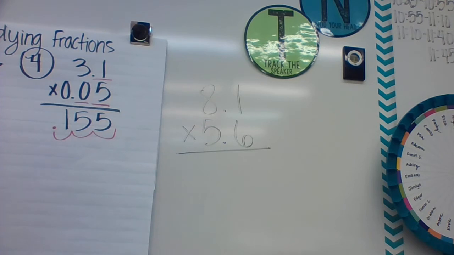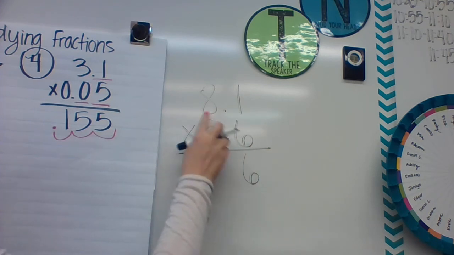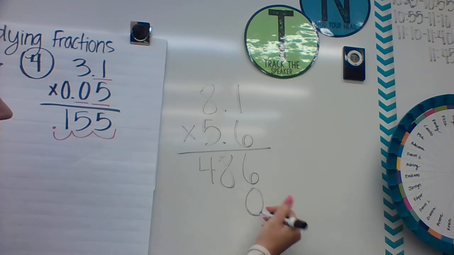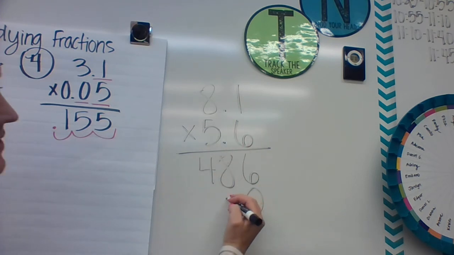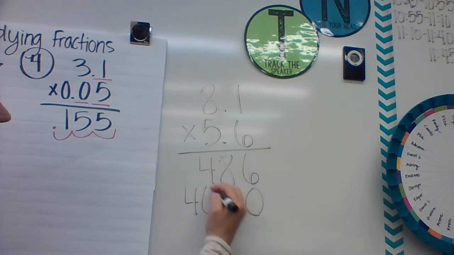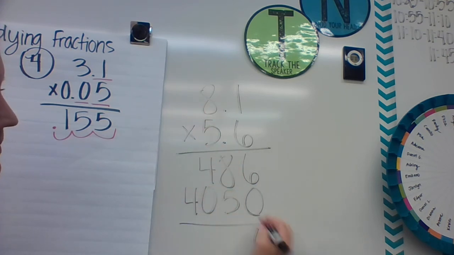Okay, so for this problem, we're going to multiply just like we normally do. So 6 times 1 gives us 6. 8 times 6 is 48. We add our 0 in. 5 times 1 gives us 5, and 8 times 5 gives us 40. We add them up.